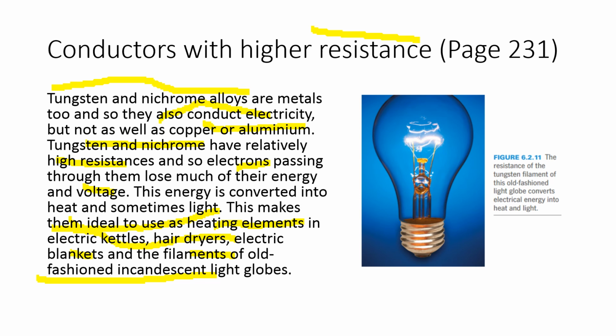They are very good as heating elements, because they produce a lot of heat, and that's what we want in electric kettles, hair dryers, electric blankets, filaments of old-fashioned incandescent light globes. So not very conductive, still conductive, not as conductive as copper and aluminum, but perfect because they have a greater resistance, they have a greater voltage drop, and they are good for these heating elements in different electronic equipment.